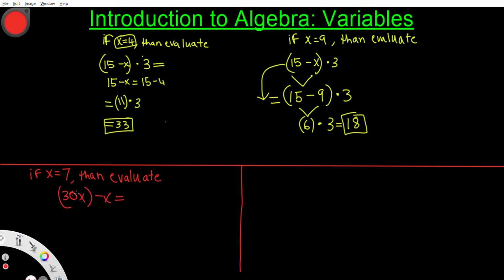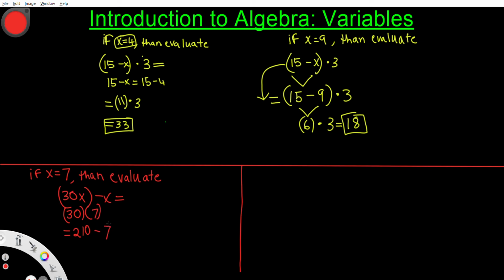But anyway, we have x is 7, so we would just say 30 multiplied by 7, which equals 210. We know that, it's just basic arithmetic. So 30 multiplied by x, which is 7, the variable, is equal to 210.